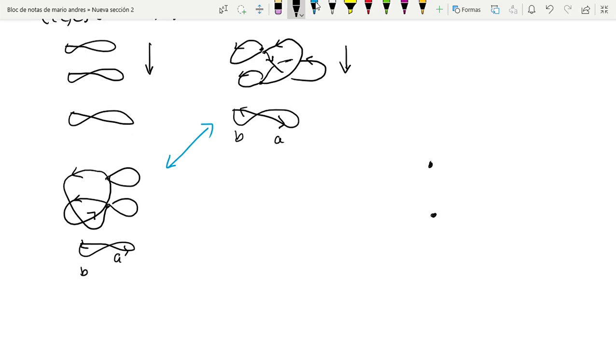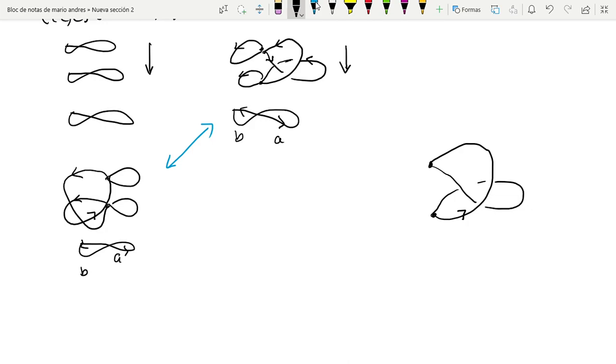We go first up from this to this. We go over here, right? Now we go from here down like this, right?